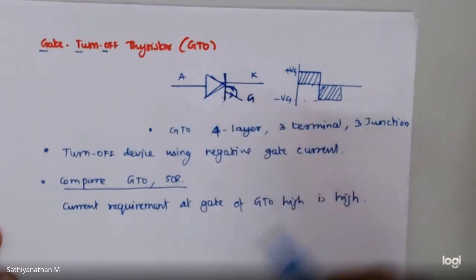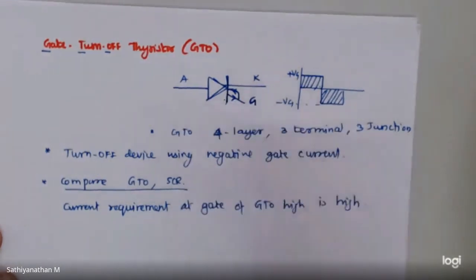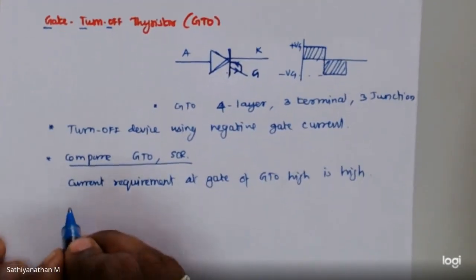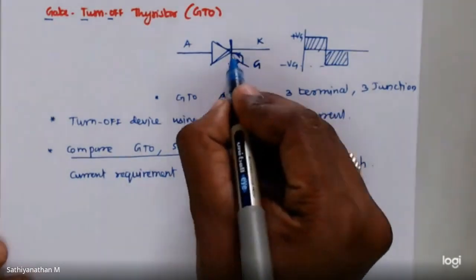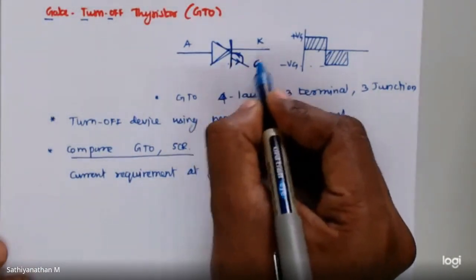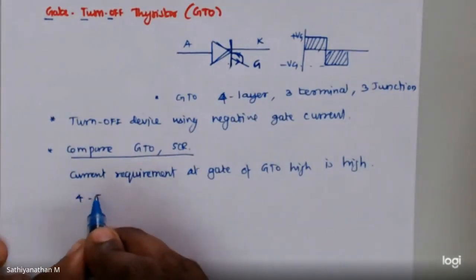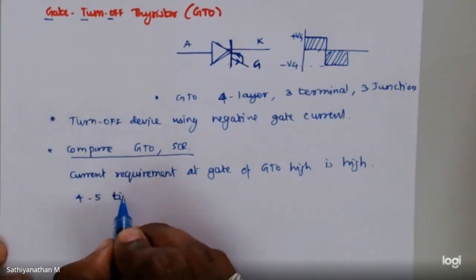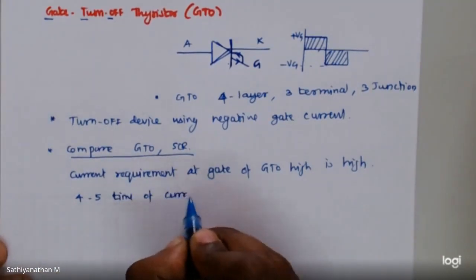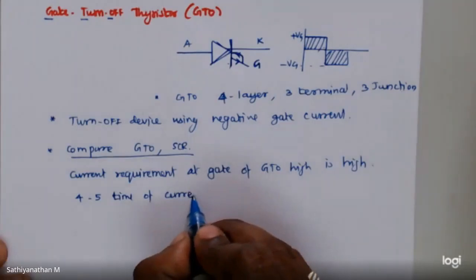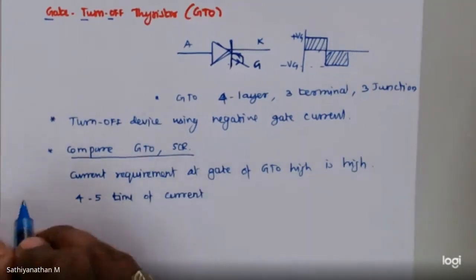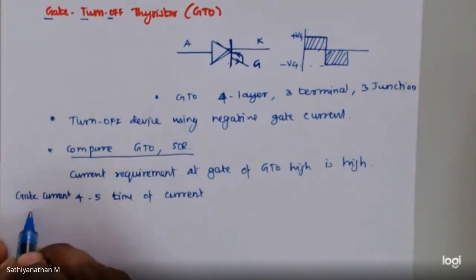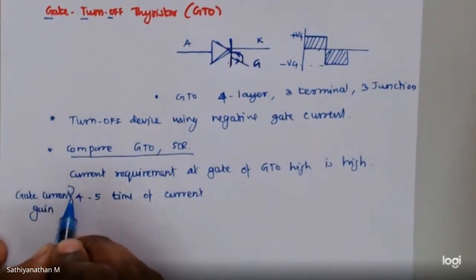So the current requirement of that region is higher compared with a normal SCR. Normally the gain at that region, between the gate and the cathode, is around 4 to 5 times. So the GTO has a gate current gain of 4 to 5 times.